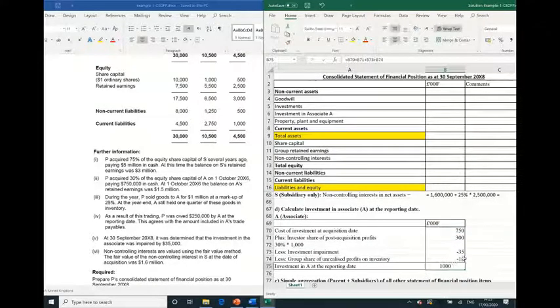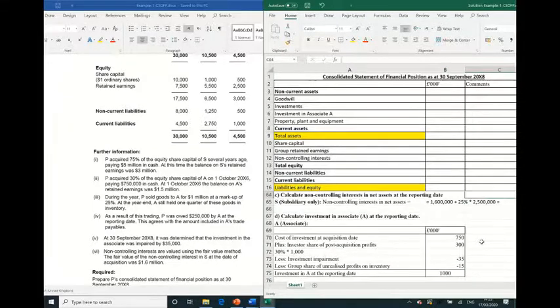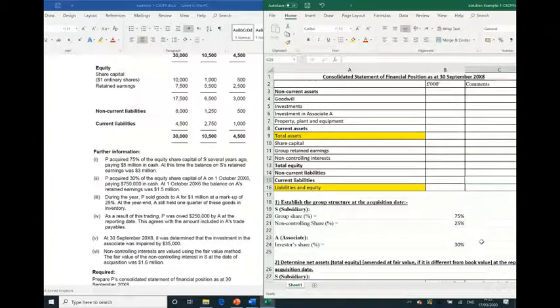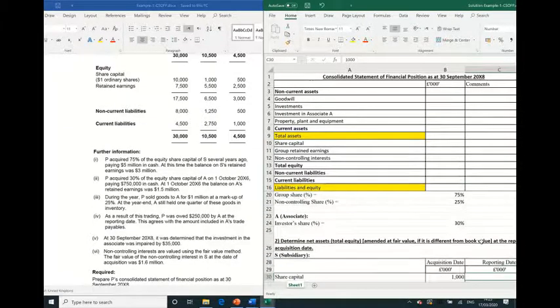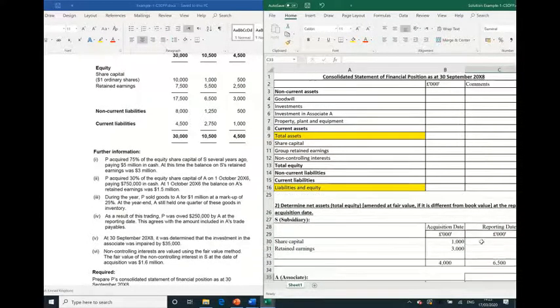So this will give us the investment in associate at the reporting date. So this is mainly all the working here, and then we'll move back to include all this calculation in the consolidated statement of financial position.